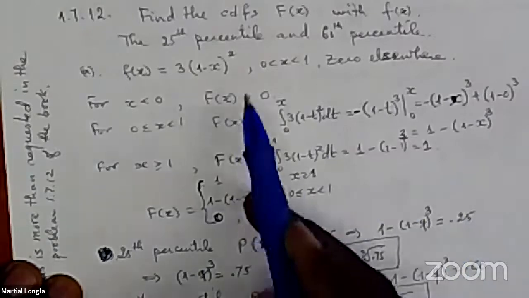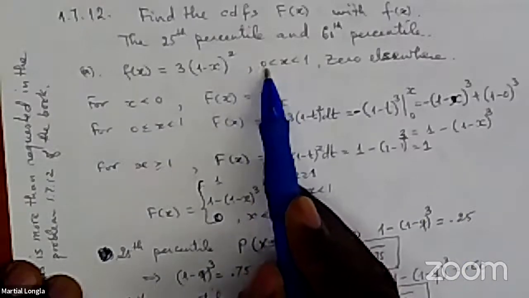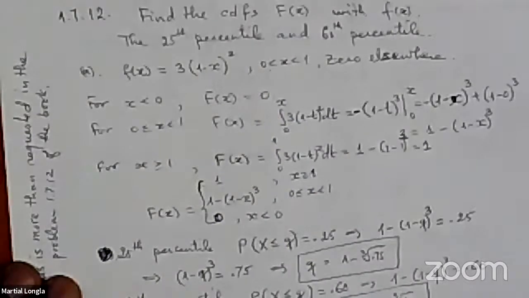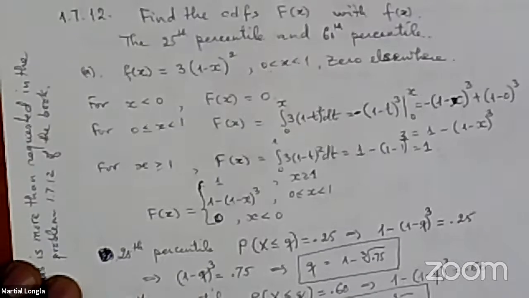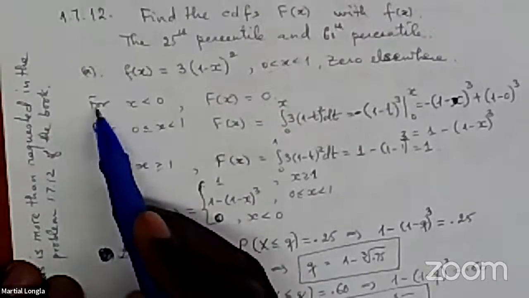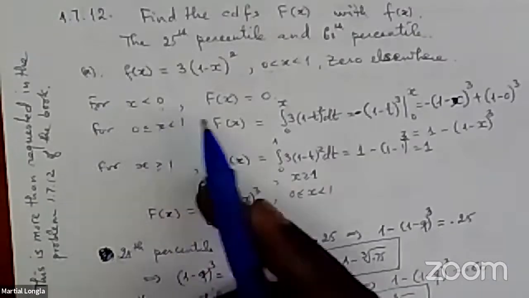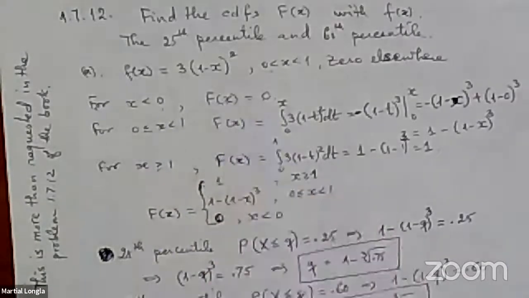So if I start at negative infinity, from negative infinity to this 0, the PDF is equal to 0. So that's why I'm going to split at 0. I say if x is less than 0, capital F of x equals 0, because I have not yet touched the support of the random variable.